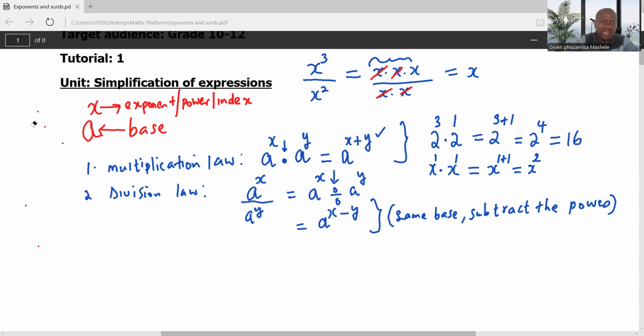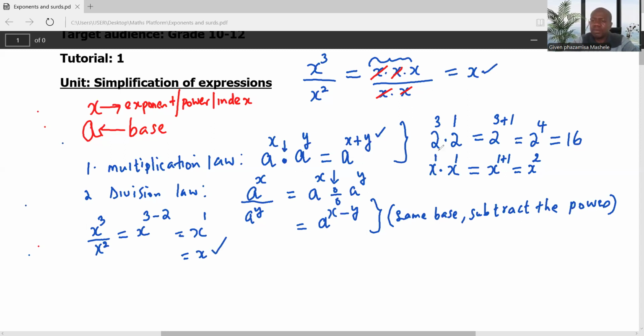It says that as long as the bases are the same for division, we take one base and we subtract the exponents, which becomes 3 minus 2, which gives us x raised to the power of 1, which is just x, the same as that one there.